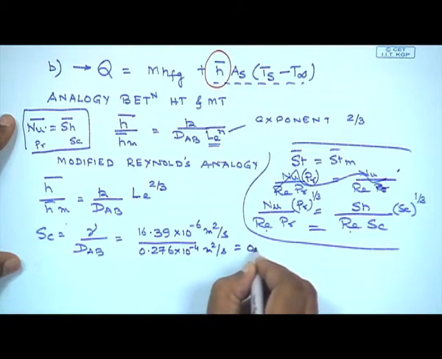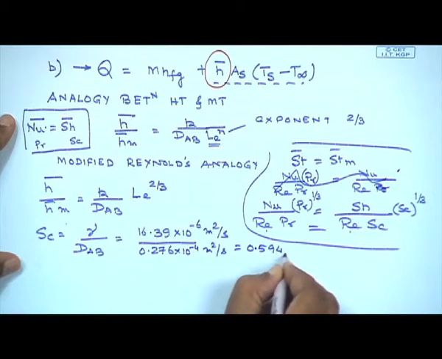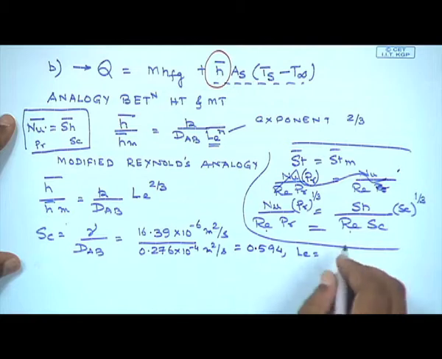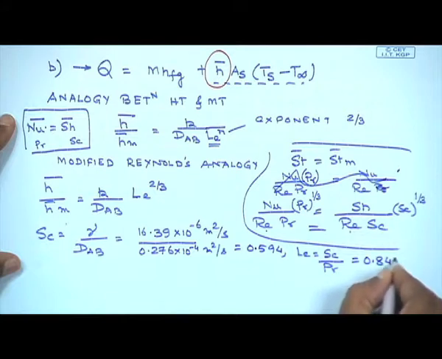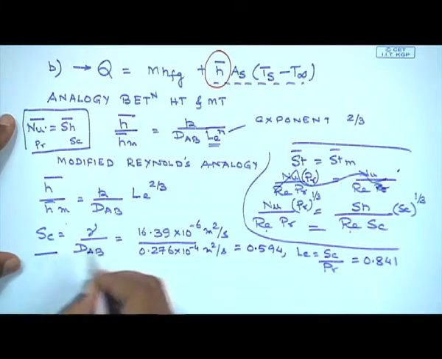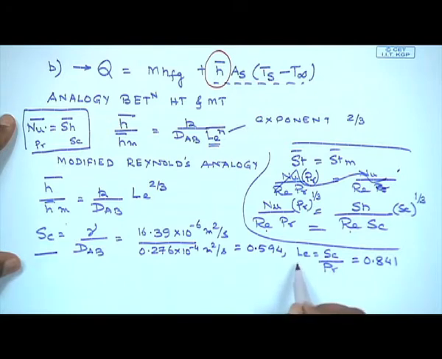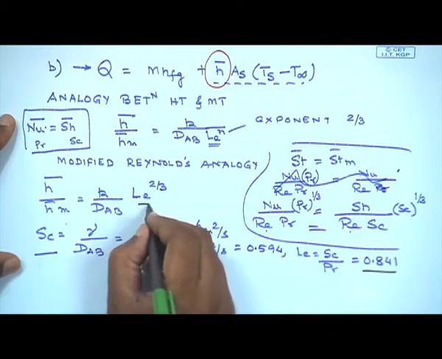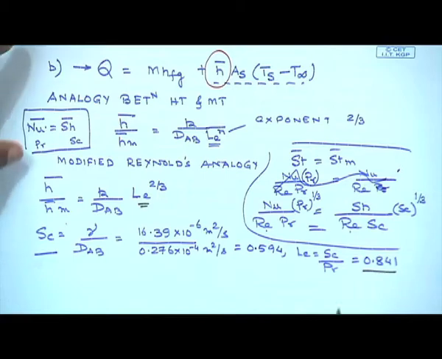So this is equal to 0.594, and Lewis number is Schmidt number by Prandtl number, and this turns out to be 0.841. So you have calculated Schmidt number. You already know the value of Prandtl number which has been provided. So you find out the value of Lewis number to be used in here.